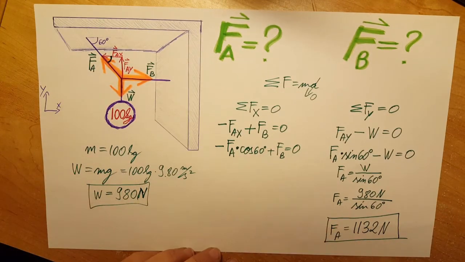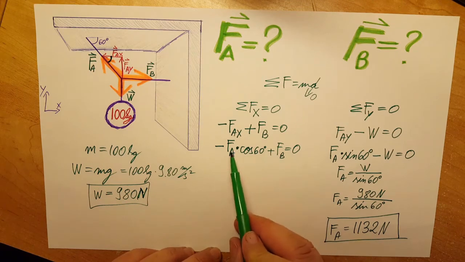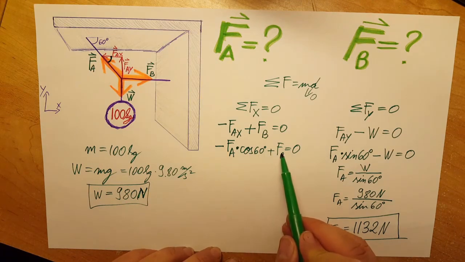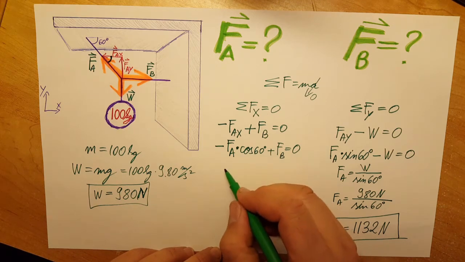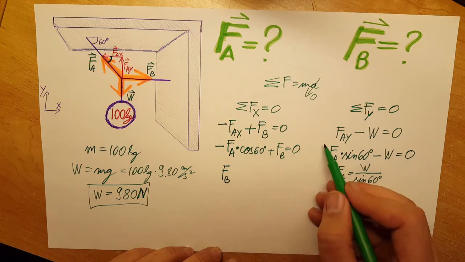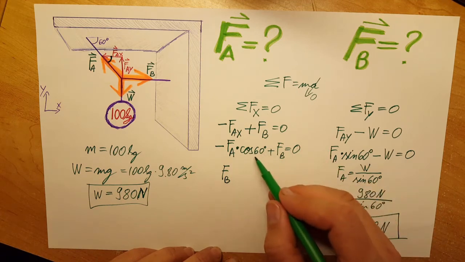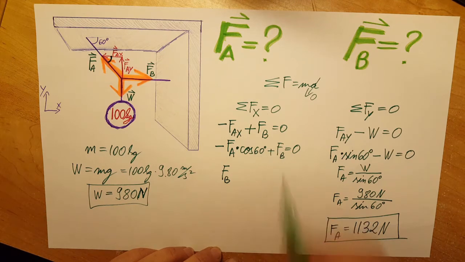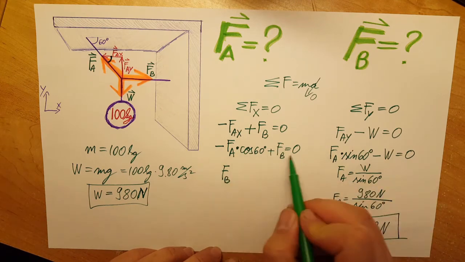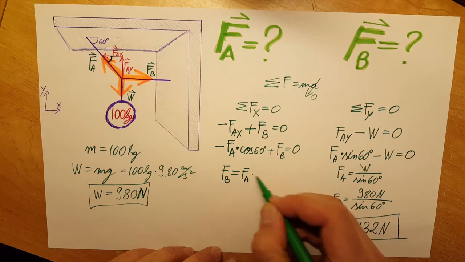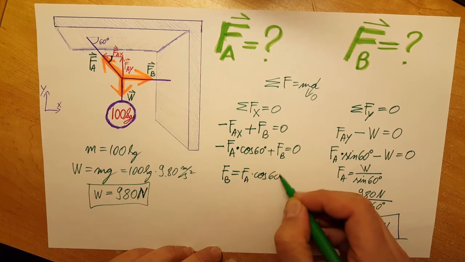So now we come back here, we have our FA, we just calculated, cosine we know, we can calculate FB. So FB, that's gonna go on the other side, becomes positive. Actually, let's see, no, we don't have to divide. FB equals FA times cosine 60.